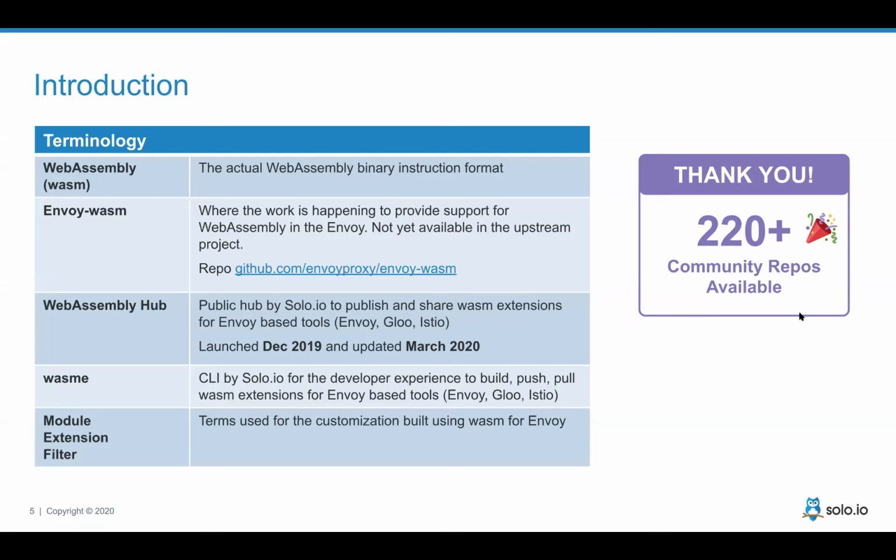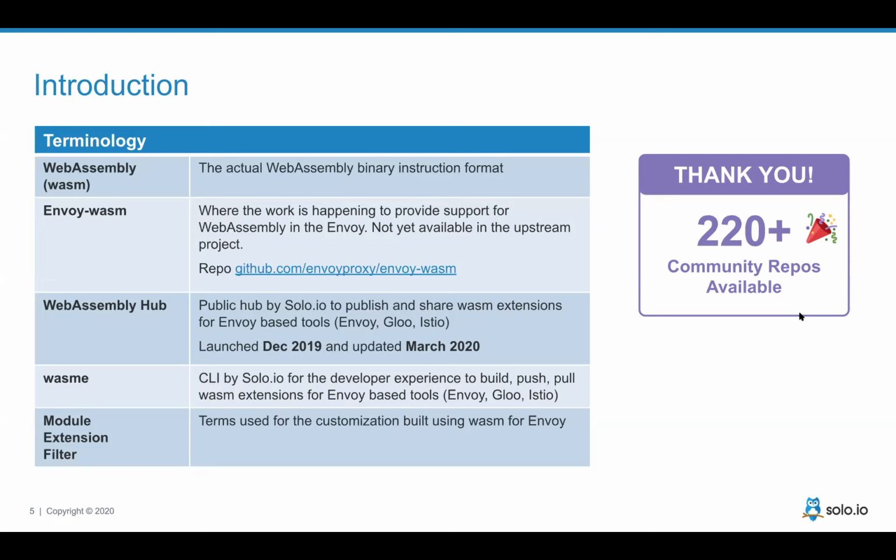With the tool WASME that you see on there, we package a WASM module, the actual binary, into an OCI image, like a Docker image, that you can then store in an image registry and version, and it has a checksum. And we have components that run on the server side that know how to pull from a registry.